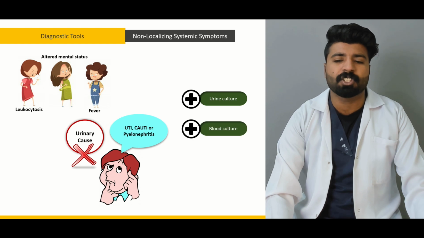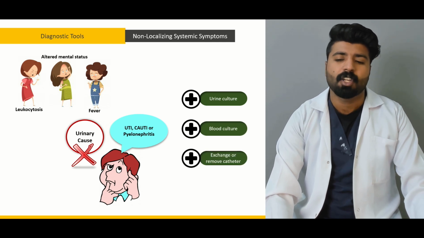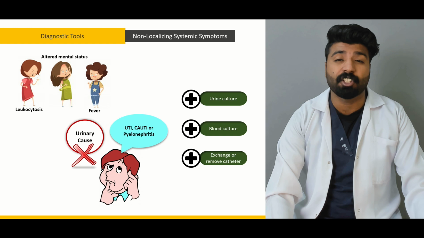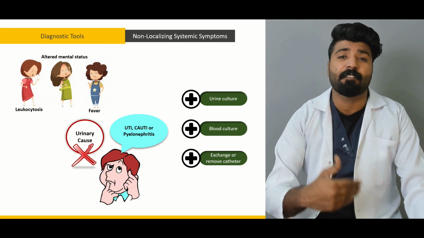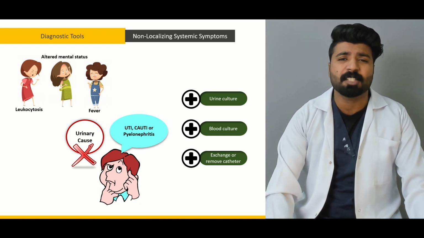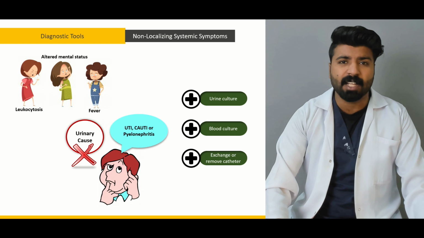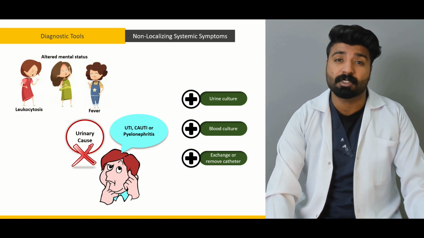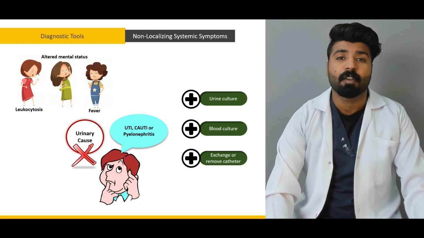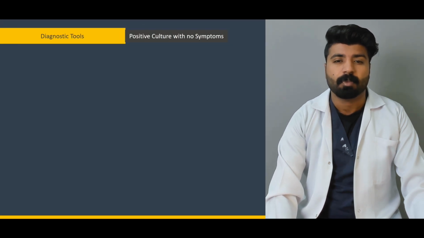So you'll go for urine culture, blood culture, and exchange or removal of the catheter if the patient is catheterized because of any other pathology he was suffering from. You will remove or change the catheter because it's a basic risk factor for getting UTIs.